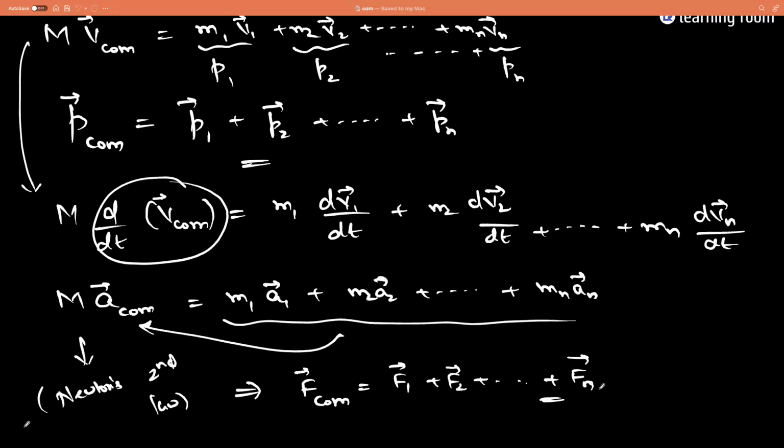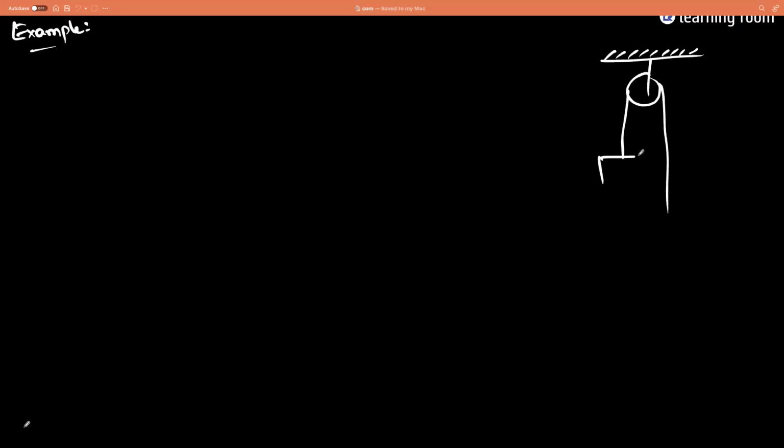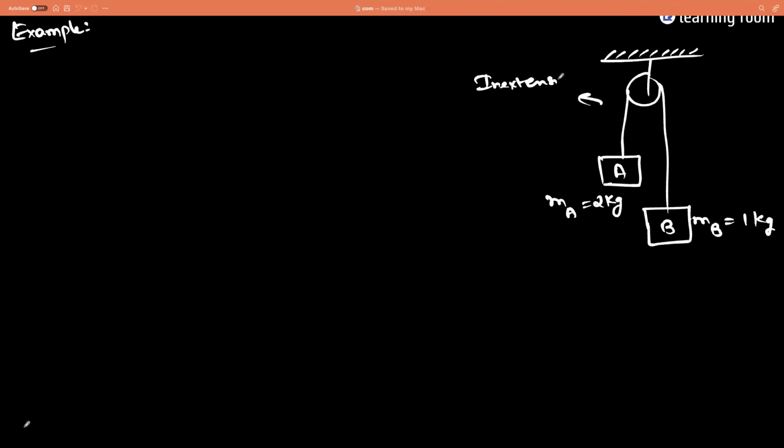Okay. Now see, I'm going to give you a problem. Example. If I take a pulley and mass system like this, with blocks A and B, where the mass of A is 2 kilogram and the mass of B is 1 kilogram, and the string is inextensible.